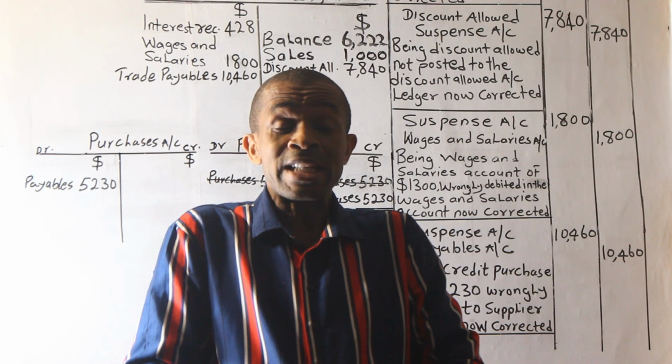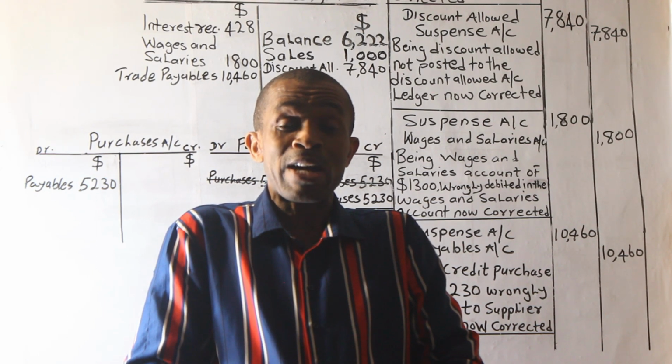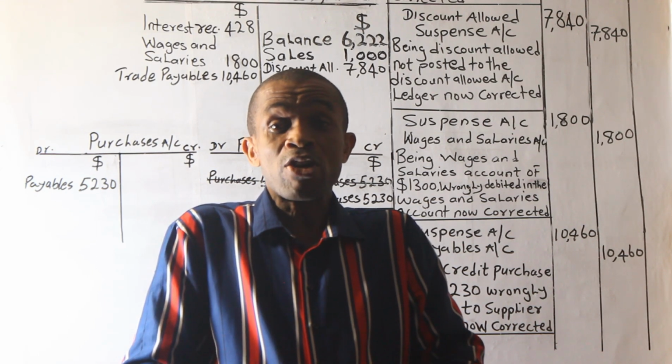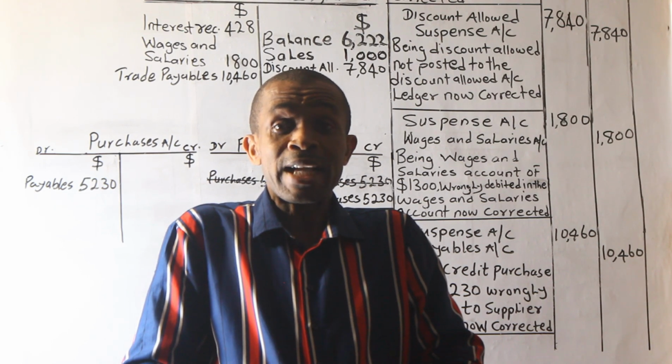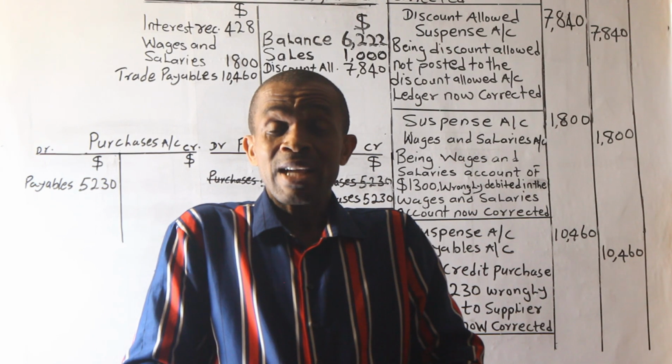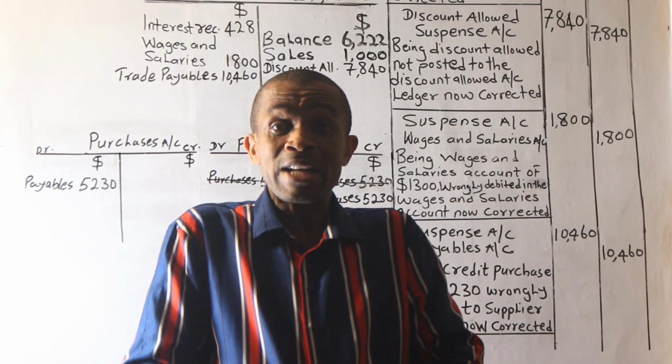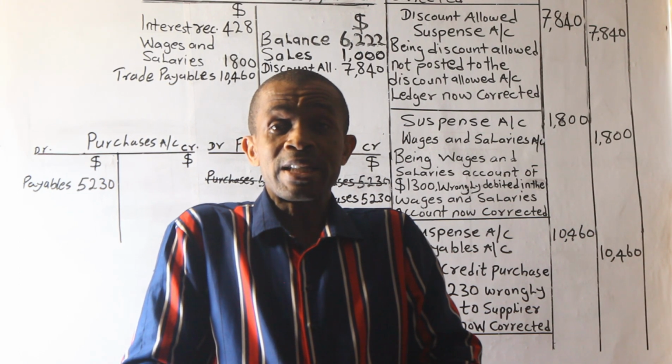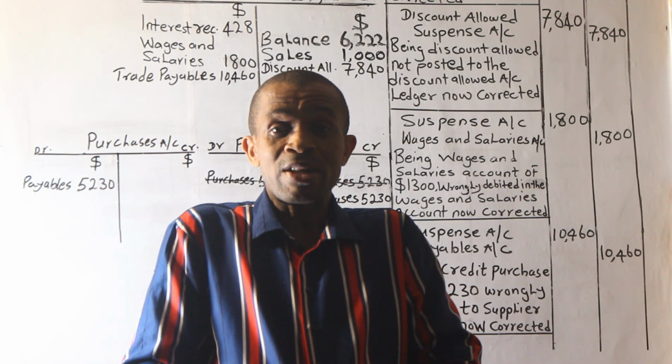This error has resulted in increasing the debit side because in this error, it was only the debit side that was debited, while the corresponding credit entry that is supposed to be made in the cash book was never made. Meaning that this reduction on the credit side by $1,300 has led to increase on the debit side of this transaction by $1,300. So we credit the cash book bank column with $1,300 and debit the suspense account with $1,300.